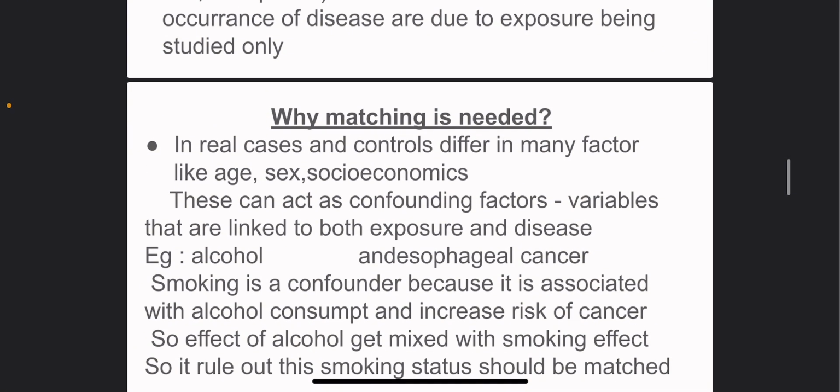Okay, so these factors like age, sex, all these factors can act as confounding factors. So what are these confounding factors? They are variables that are linked to both exposure and disease.